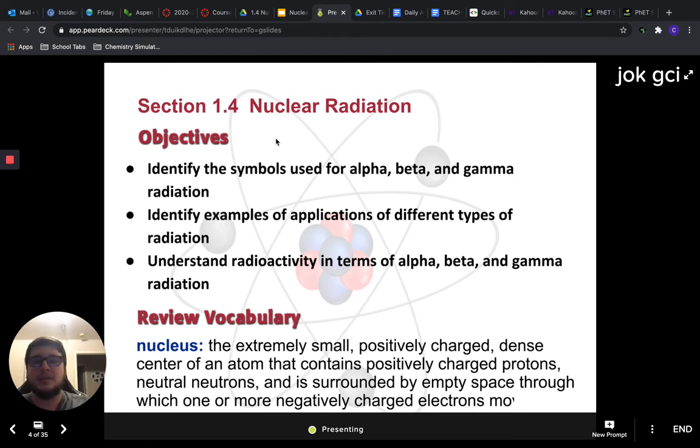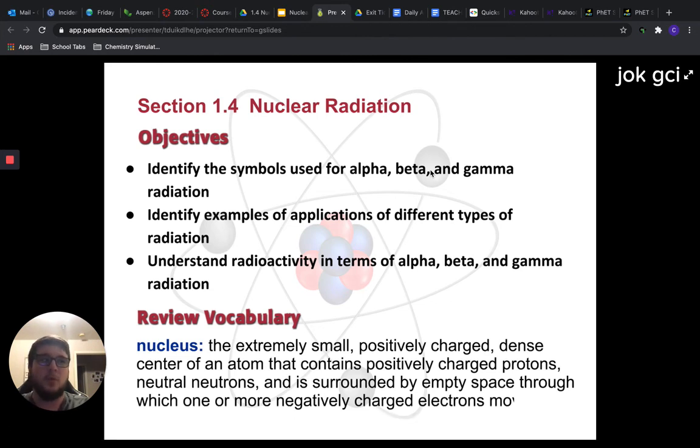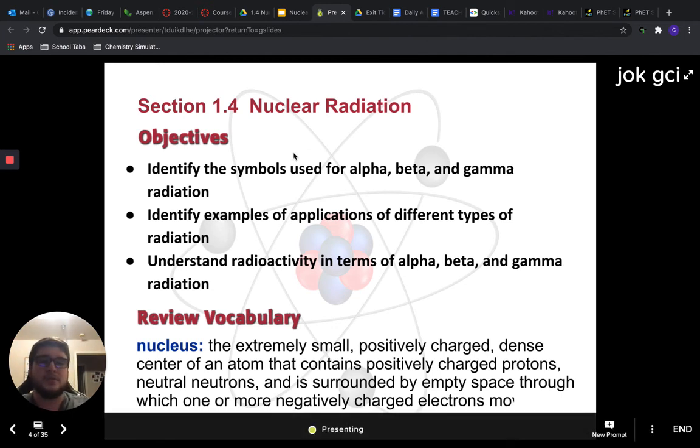The first one is to identify the symbols used for alpha, beta, and gamma radiation. These are 3 types of radiation, and instead of writing the whole word, we use symbols to denote what type of radiation we're talking about. So we're going to learn what those symbols are.